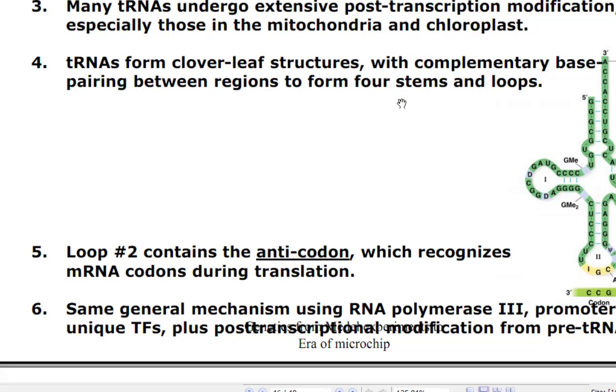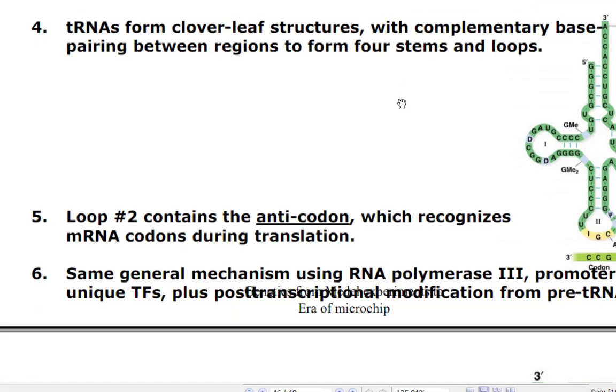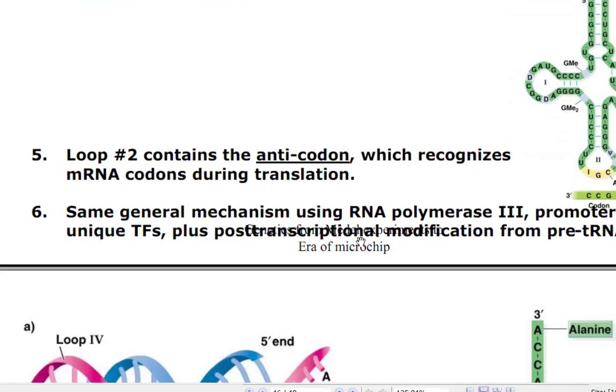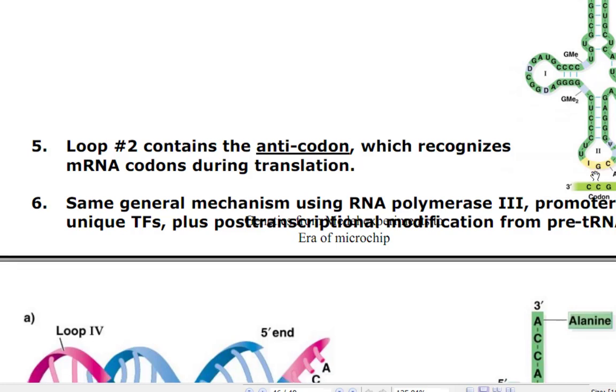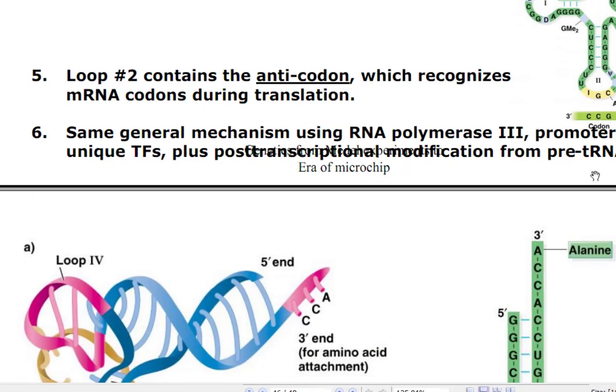Transfer RNA forms a cloverleaf structure with complementary base pairing between regions to form four stem and loops. Loop 2 contains the anticodon, which recognizes the messenger RNA codon during translation.